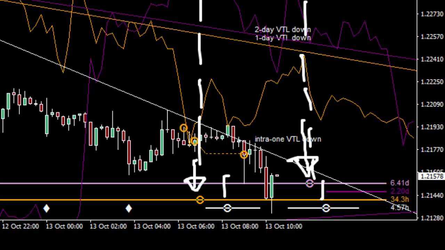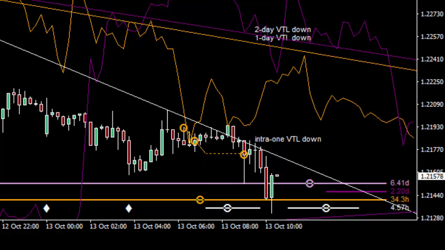Now, bang in the middle of those 2 circles is where you could say that is the sort of average expected time for the 5-day and the one-day cycle troughs to form. And that is pretty much right where we are at the moment. So I'm expecting a 5-day cycle trough to form. Of course, it will be synchronous with a one-day cycle trough. So I'm expecting a trough in the markets at the moment.